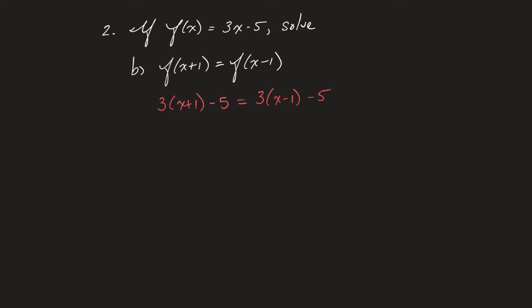So maybe I put the blinders on and I just go through and I expand my brackets. And maybe I collect like terms. And I think we might hit a snag right there.